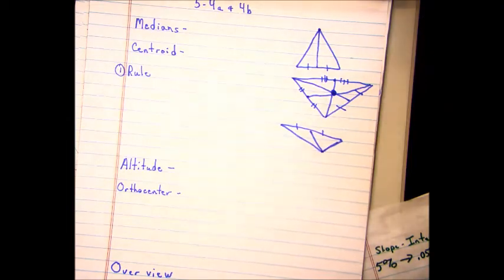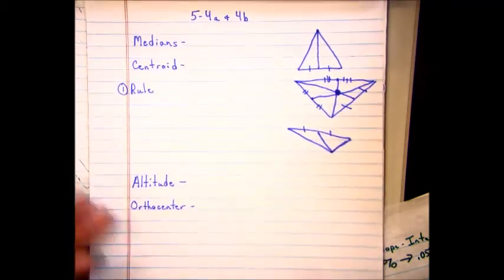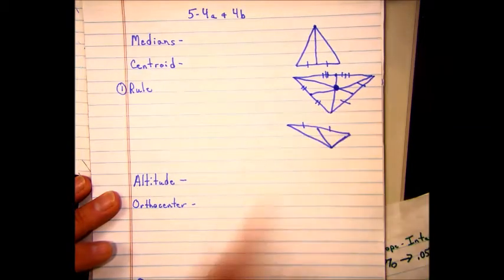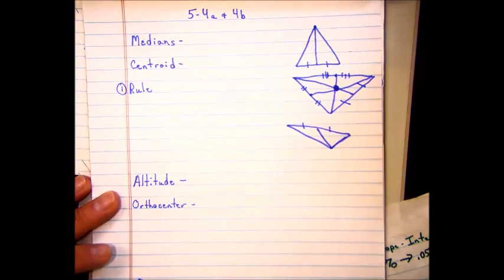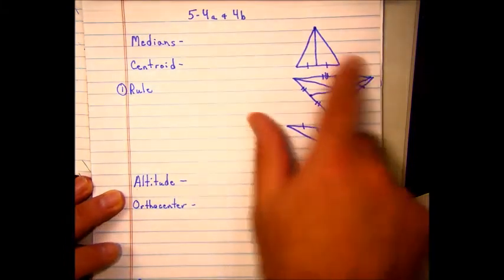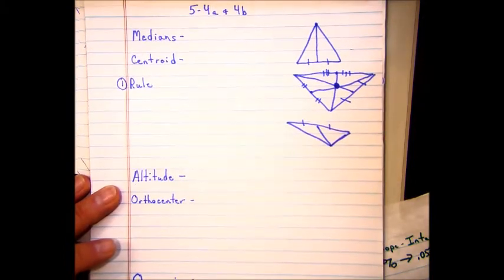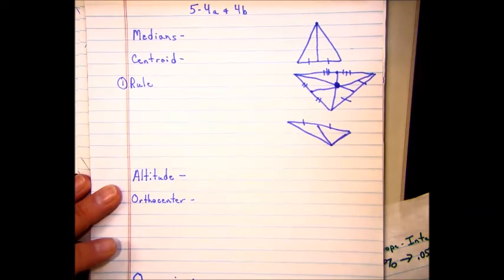So now you have to know, okay, we have medians, and you know they all meet at the centroid. And if they say you have a centroid, that means all these line segments are medians. Now you gotta be careful because they look similar to perpendicular bisectors, but they're not. None of them have to be perpendicular.